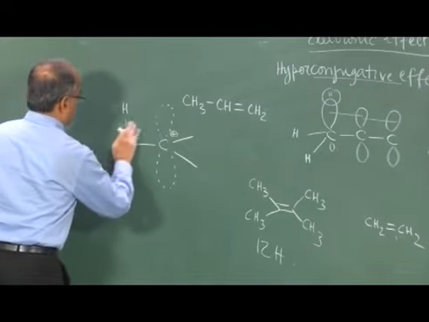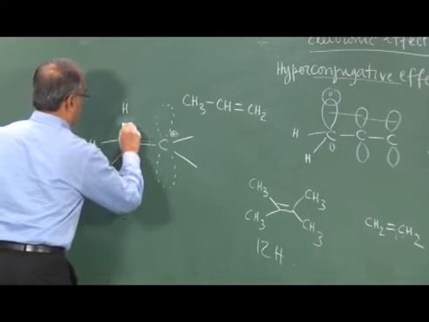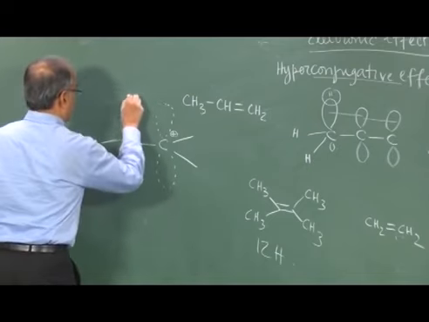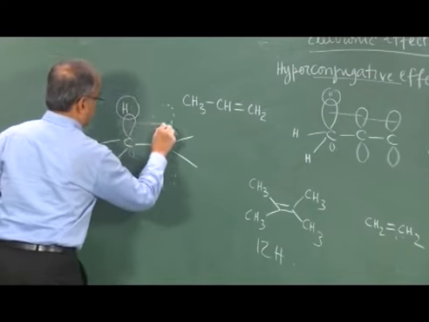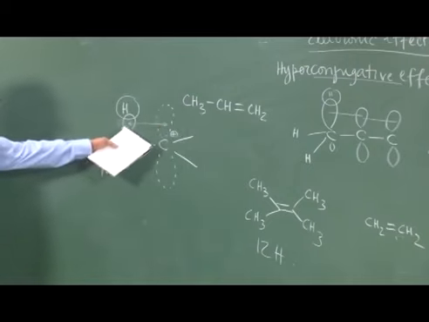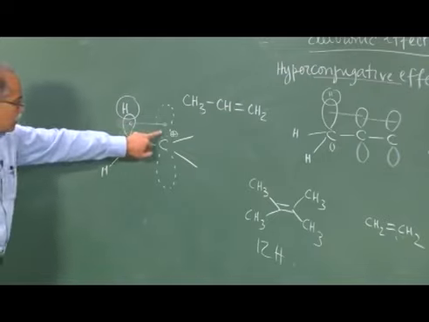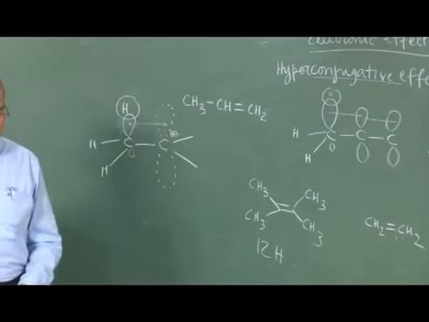So, the adjacent carbon hydrogen sigma bond can essentially participate in delocalization of electron from the sp3 hybridized CH sigma bond; that electron density essentially gets delocalized onto the empty p orbital of the carbonium ion.